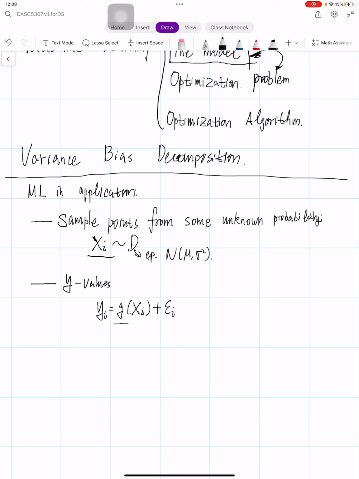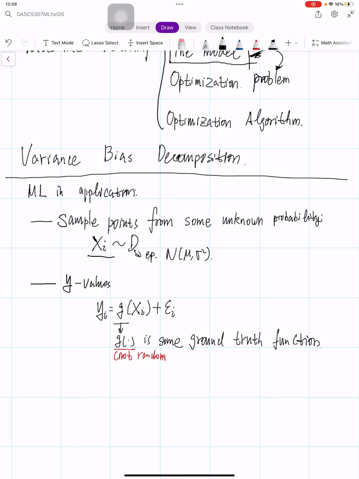This g(x) is a ground truth function. And this is non-random. So this g is not random.